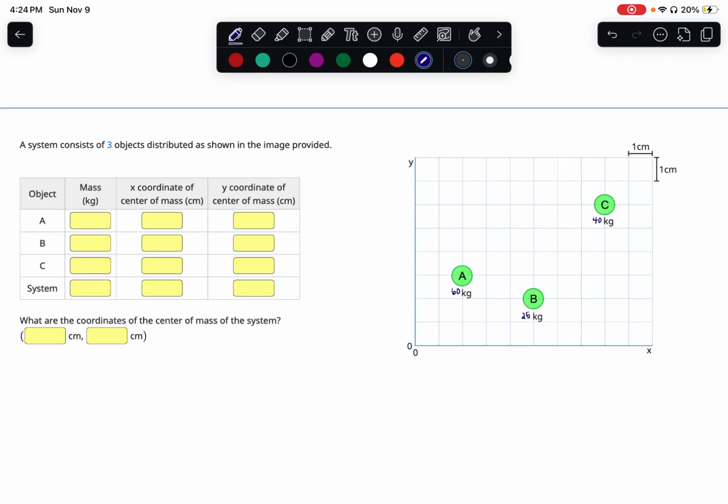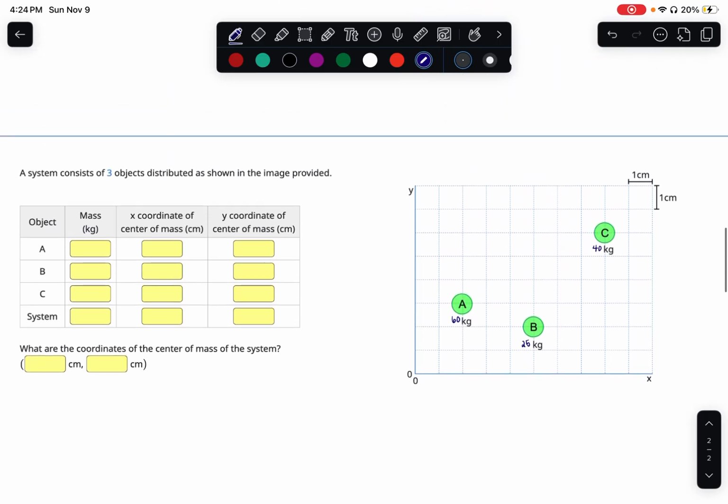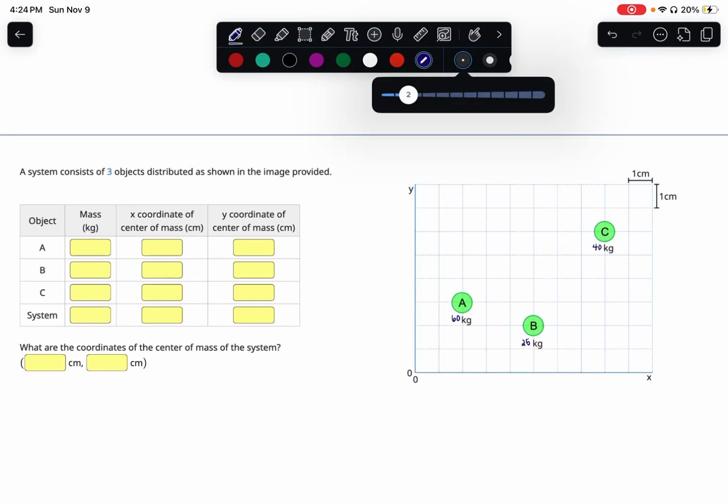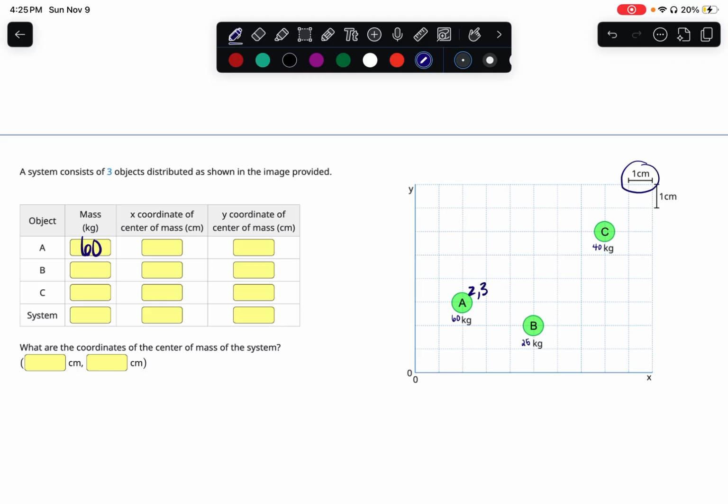So for 3 objects, object A has a mass of 60. The x-coordinate here is going to be 2, and the y-coordinate is up 3. I've checked, and these are all just 1. So this is going to be 2, 3. For B, it has a mass of 25, and it is at 5, 2.